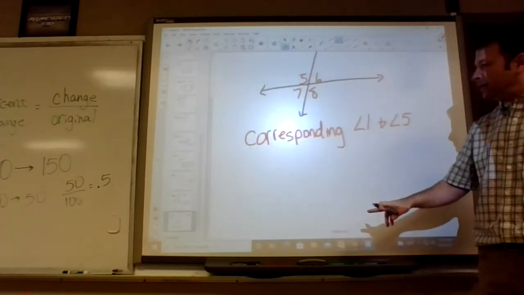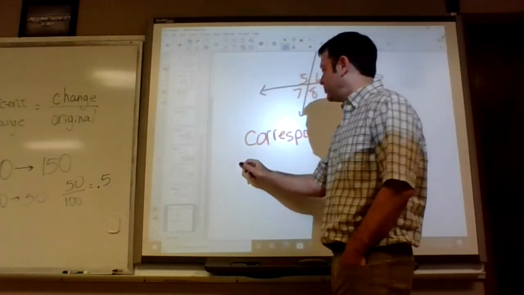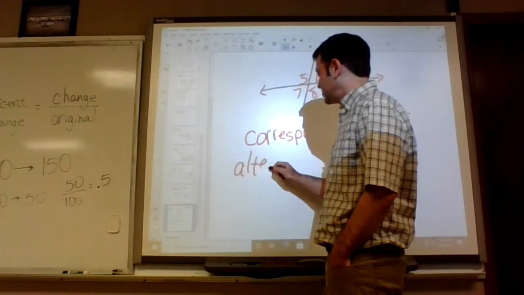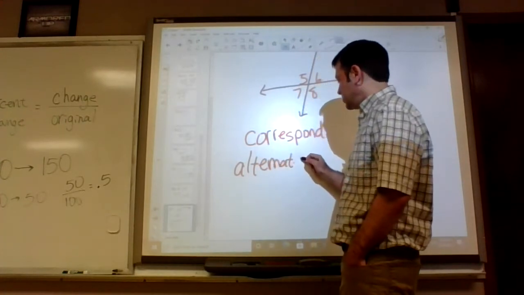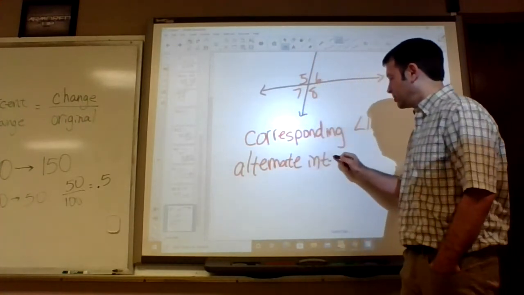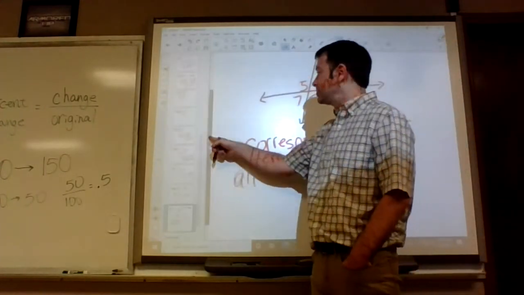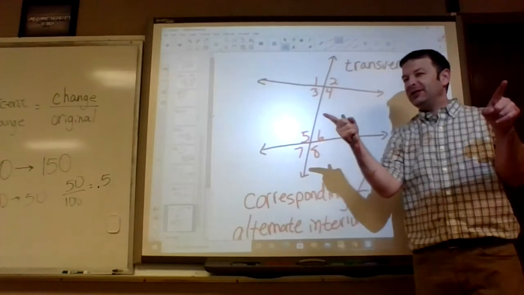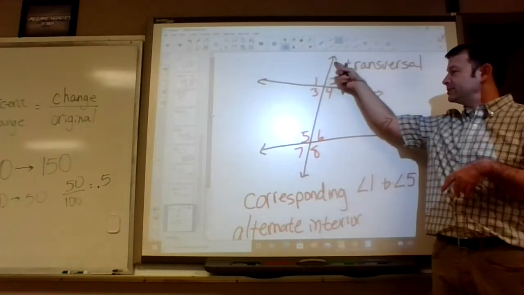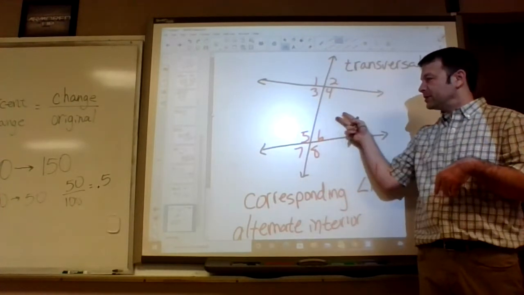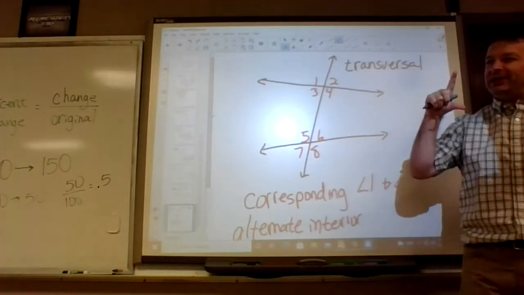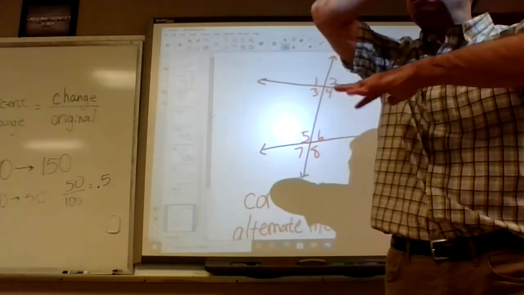Also, we have something called alternate interior angles. Alternate means on alternate sides of the transversal, and interior means inside the two lines.